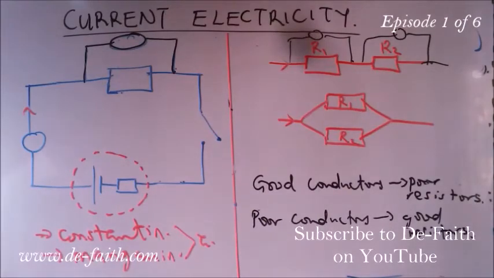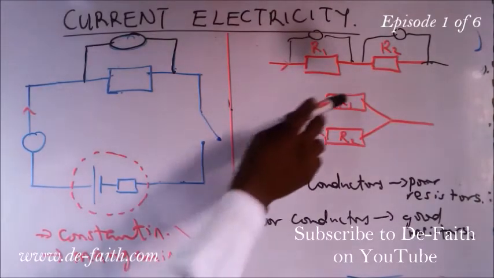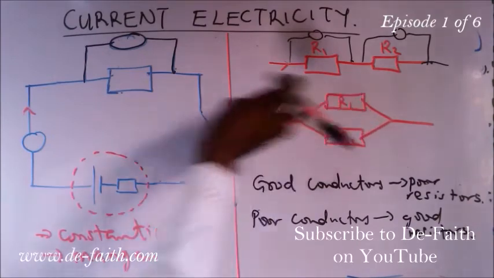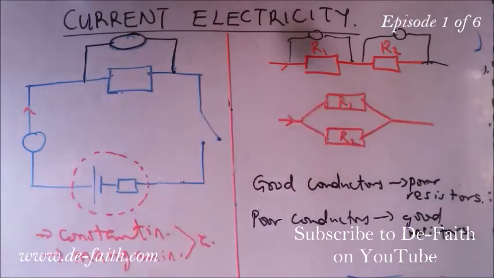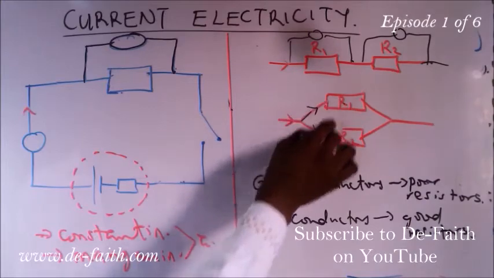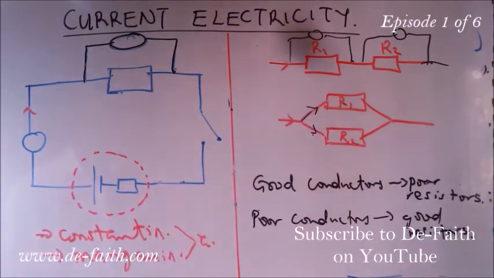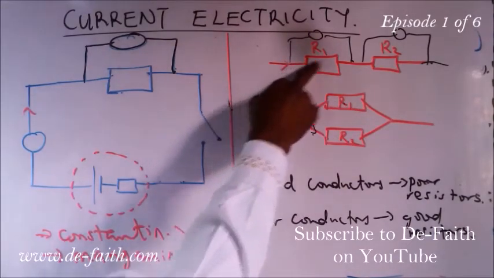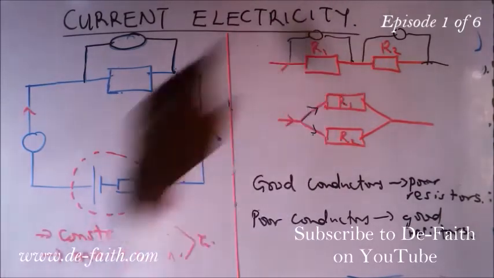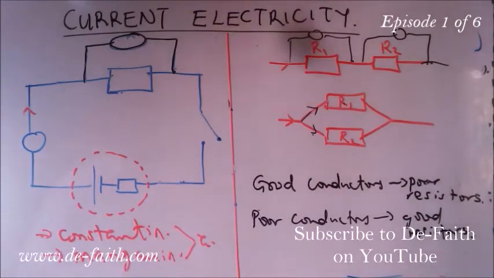Now, when these resistors are connected in parallel, imagine that we replace this single one with this double. When they are connected in parallel, we have different currents passing through each resistor. The current is shared based on the resistances of the resistors, but in the series case the same current will pass through, with different voltage or potential difference.